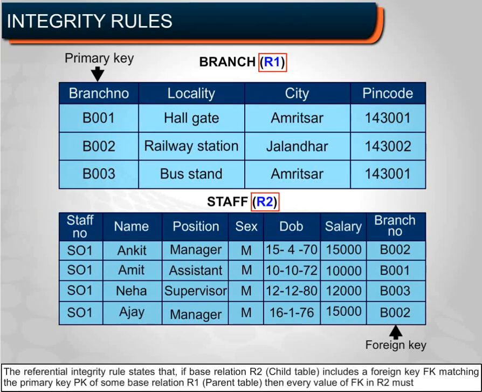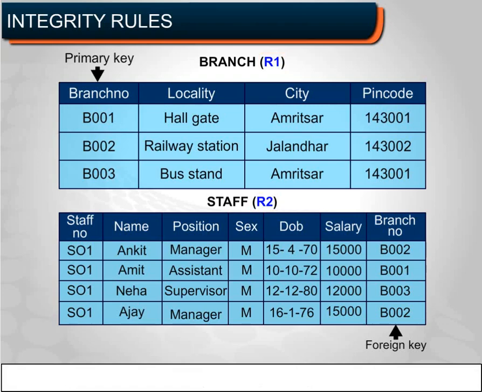The referential integrity rule states that if base relation R2, that is child table, includes a foreign key Fk matching the primary key Pk of some base relation R1, that is parent table, then every value of Fk in R2 must be equal to the value of Pk in some rows of R1, or be only null, that is each column in that Fk must be null.